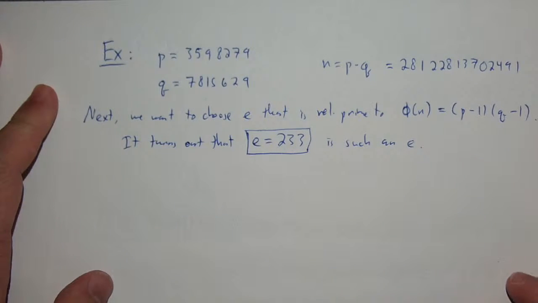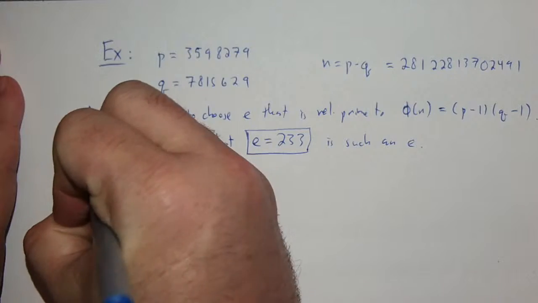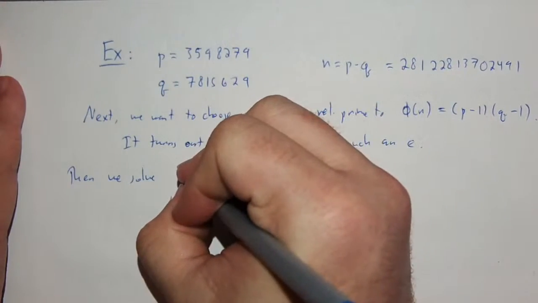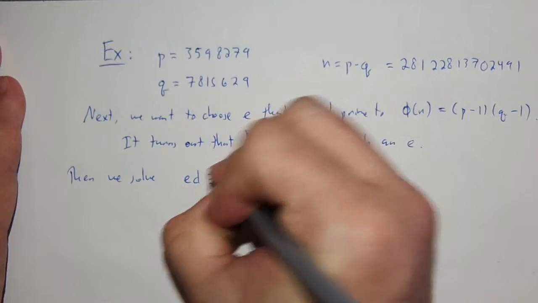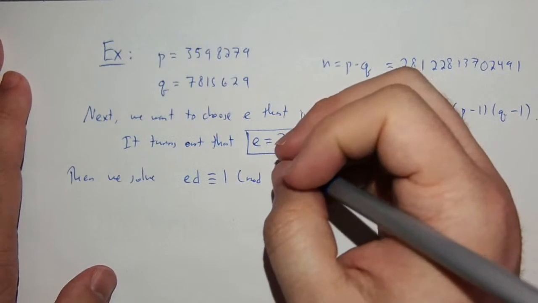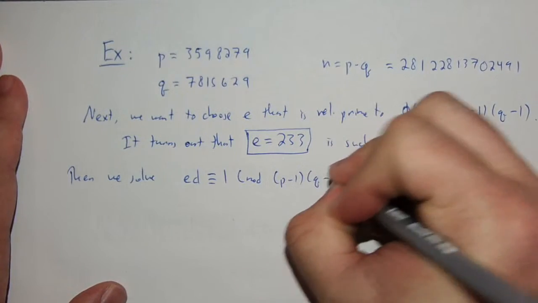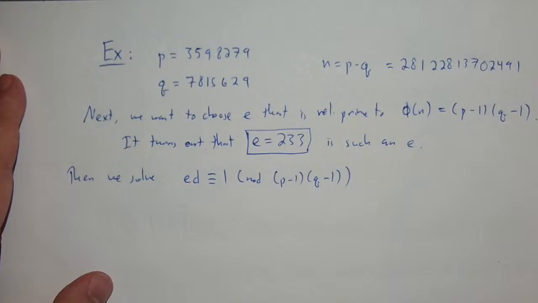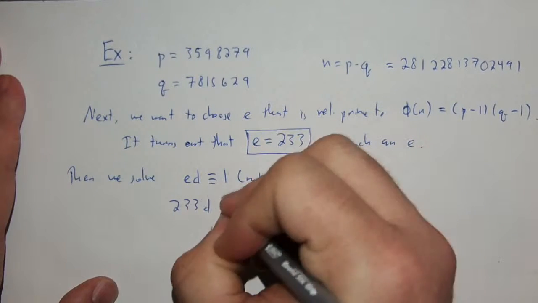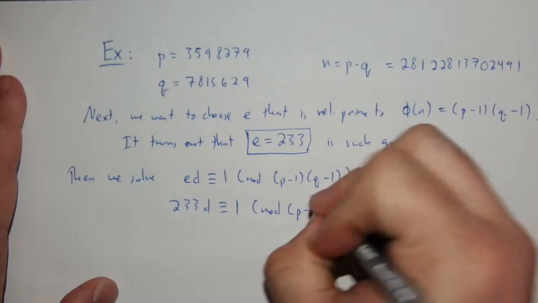That's our encryption key. Then we solve E times D is congruent to 1 mod P minus 1 times Q minus 1, or 233 times D is congruent to 1 mod P minus 1 times Q minus 1.